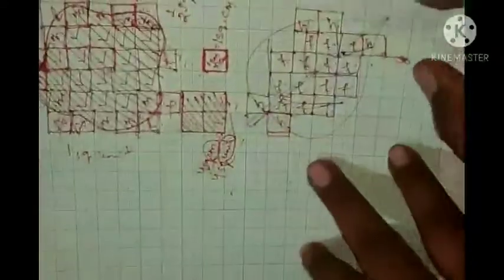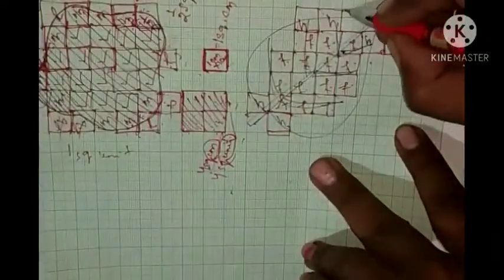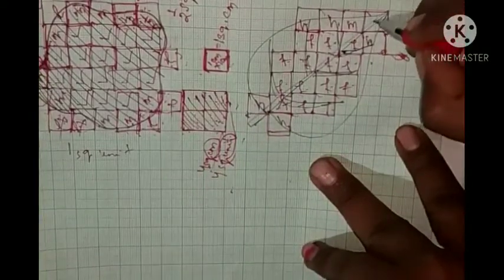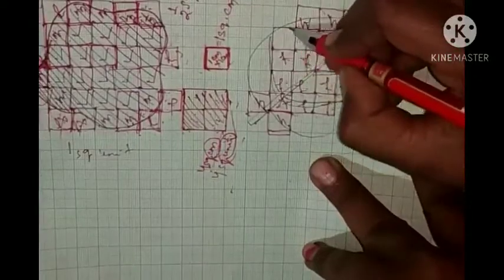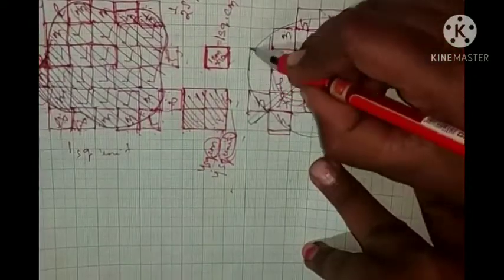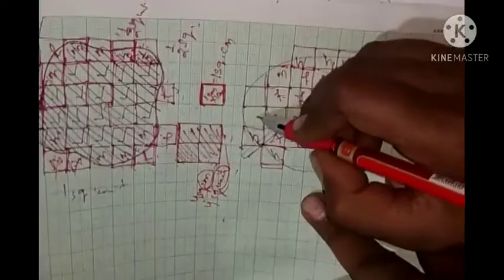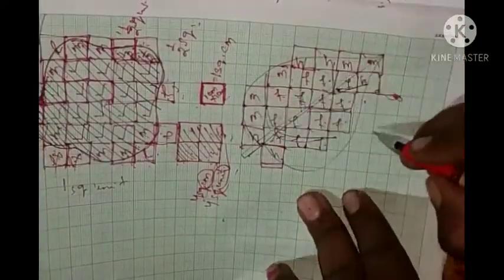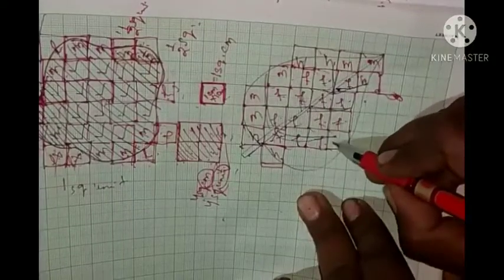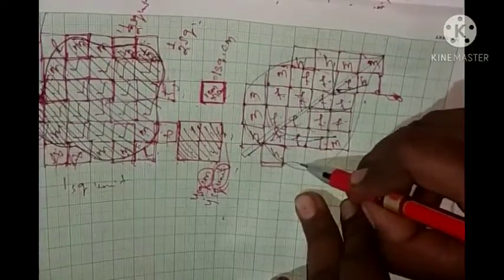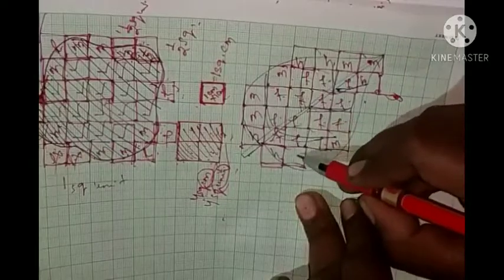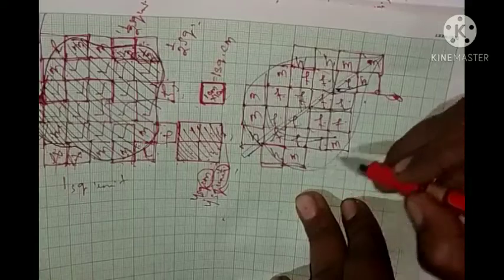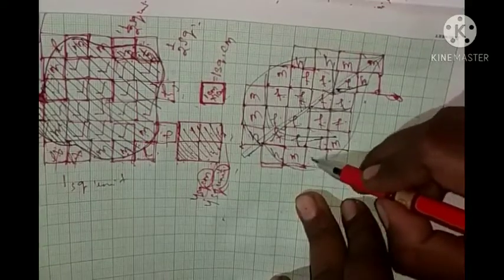Next are more than half filled squares. So let's find out more than half filled squares. That is 1, 2, this is more than half filled, 3, this is also more than half filled, 4, this is more than half filled, then this is more than half filled, and this is more than half filled, because here the gap is there, then this is more than half filled.